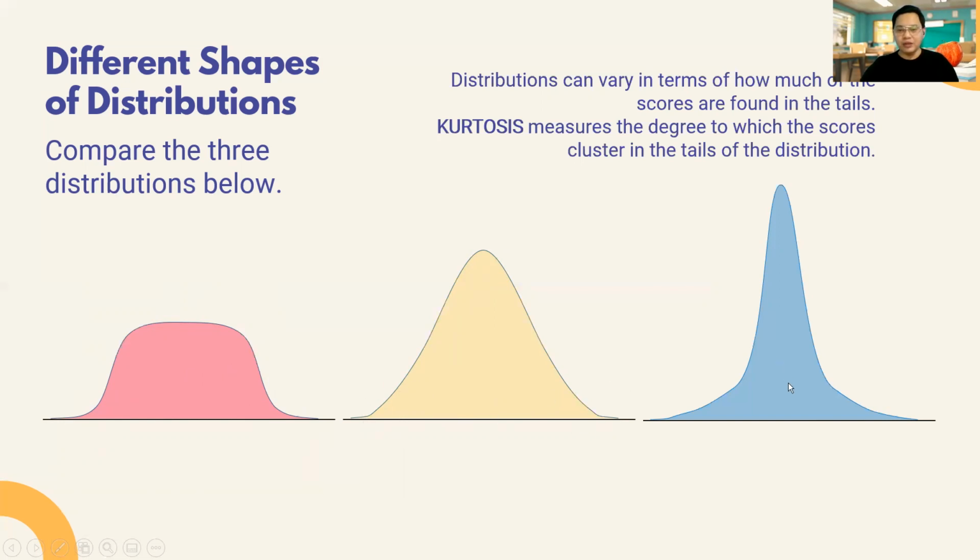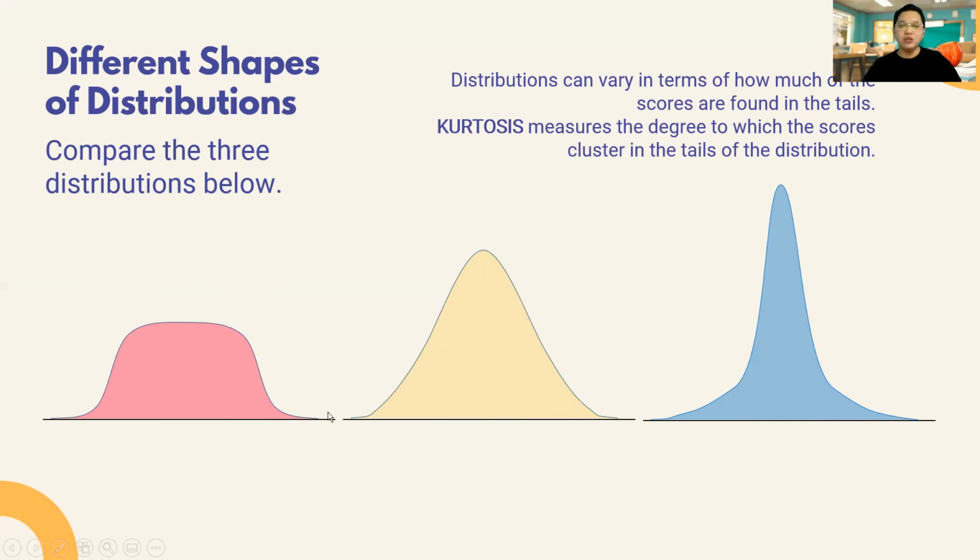And when you take a look at the blue density curve, we notice that there are obviously much more scores that are clustered in both of the tails of the blue graph when you compare it to the yellow graph, and more obvious when we compare it to that in the red graph.